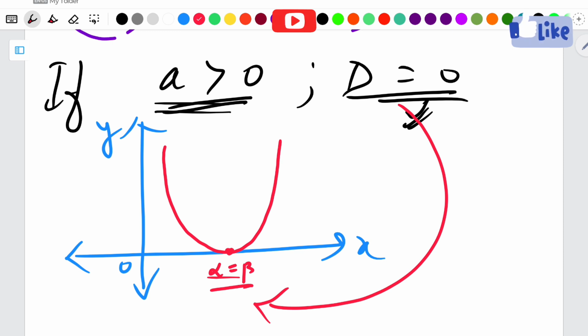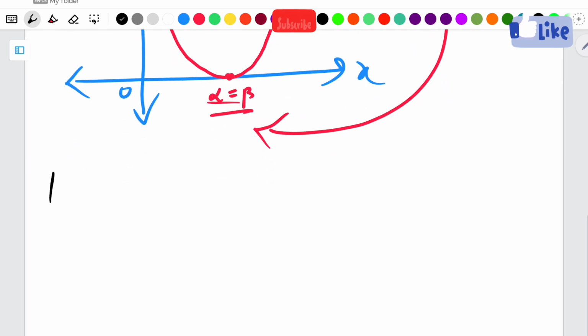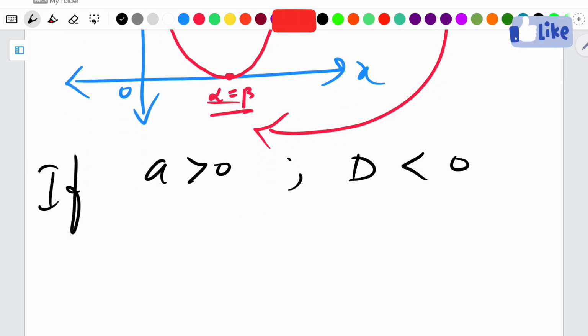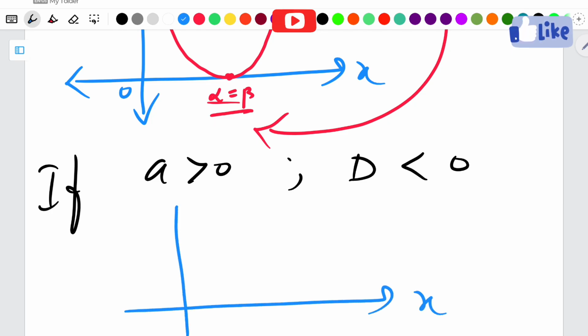Okay, now the third condition. If A is positive but D is negative. So from here what conclusion are we drawing, x-axis, y-axis, and this one is origin. If A is positive, it is revealing that the curve will be upward, and D is negative, it is revealing that there are no real roots.